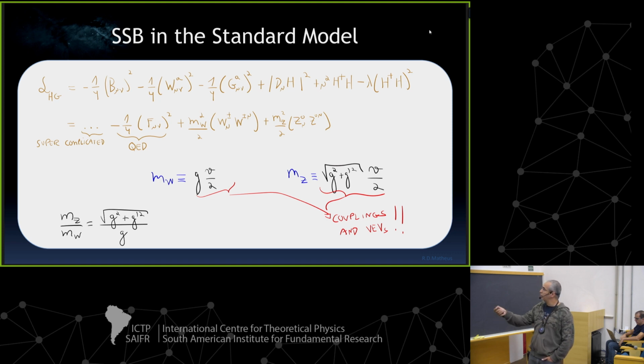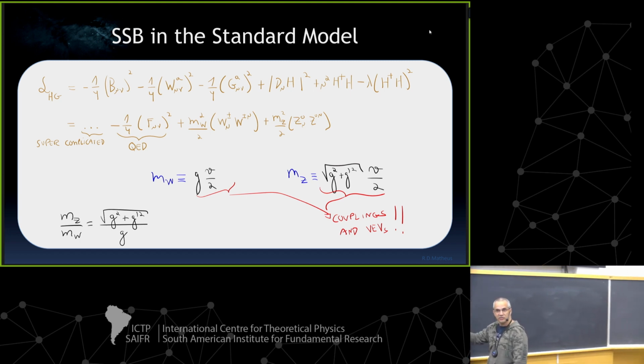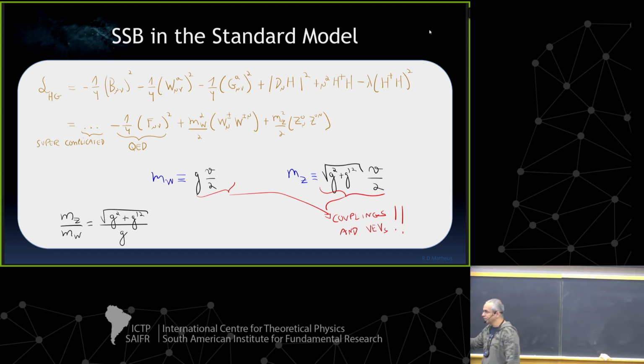So it will be proportional to these 2 things. If either of them goes to zero, it becomes massless again, which is equivalent to saying that if that coupling goes to 0, it means that the scalar didn't transform under the symmetry, so it was not broken anymore.